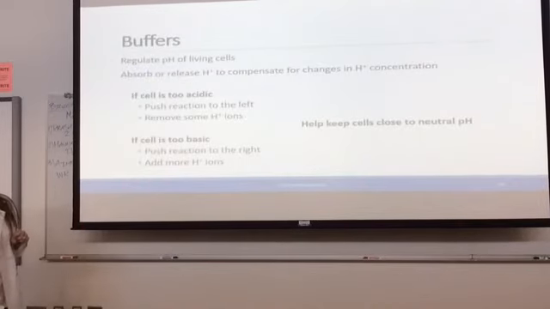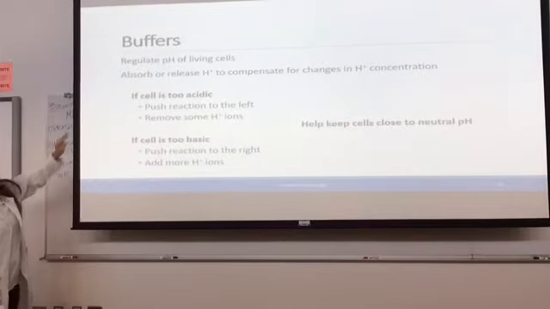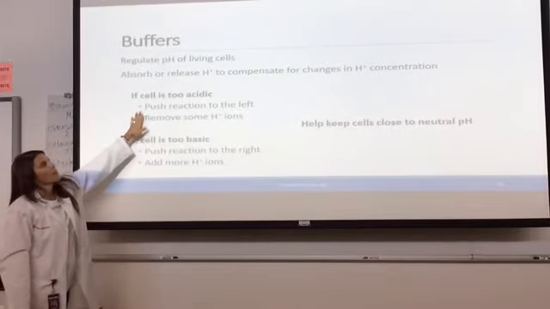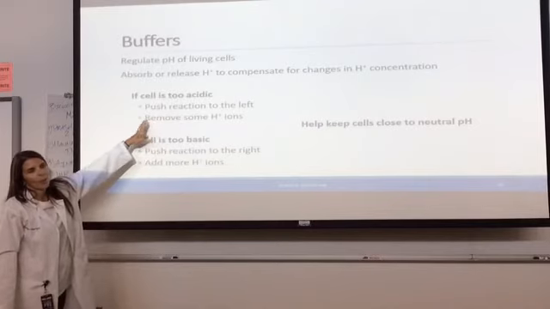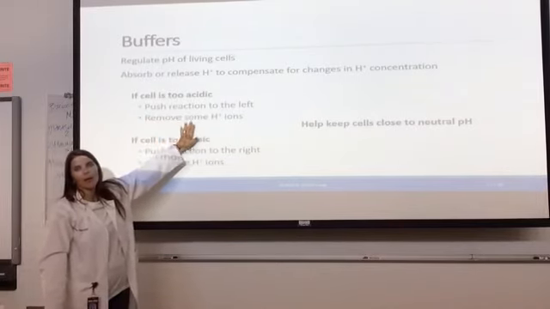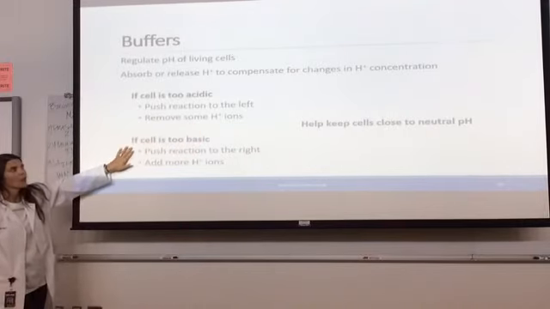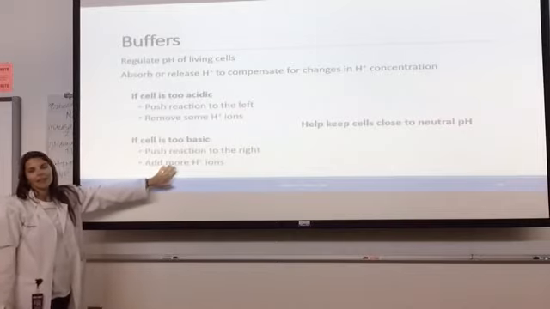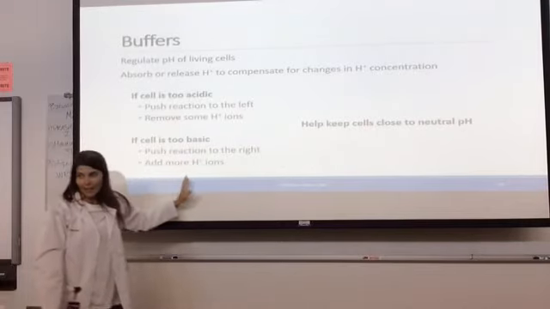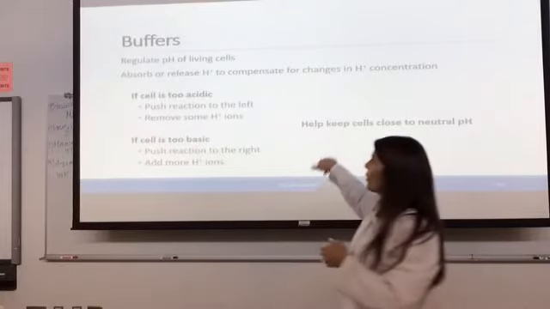Why do we have to learn all of this chemistry? Because if a cell becomes too acidic, we will need to maintain homeostasis by changing the environment to be a little bit more basic. So we add bases. If it's too basic, we add hydrogens or acids. We call this buffering, which is why I titled it buffering.